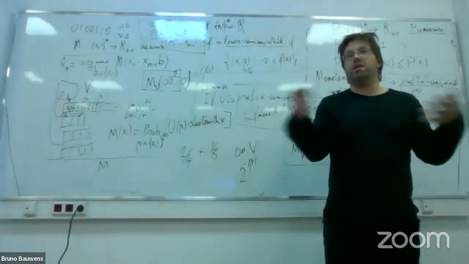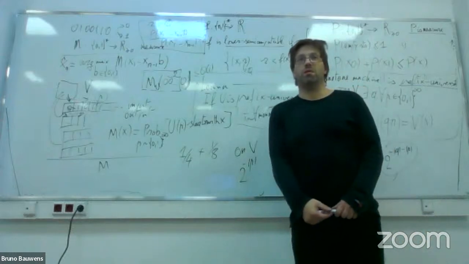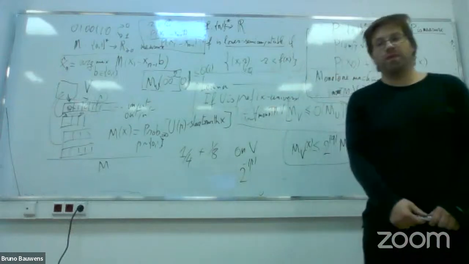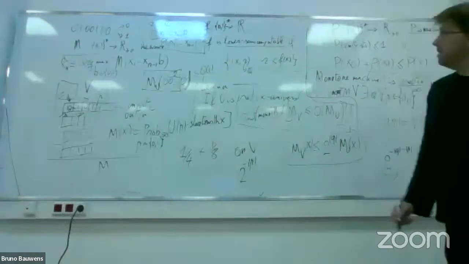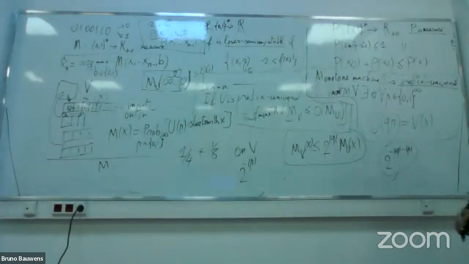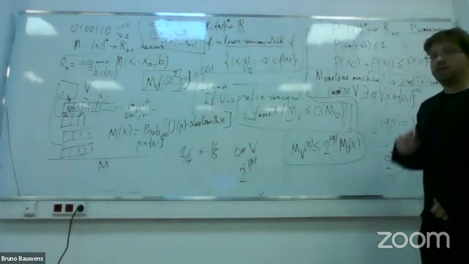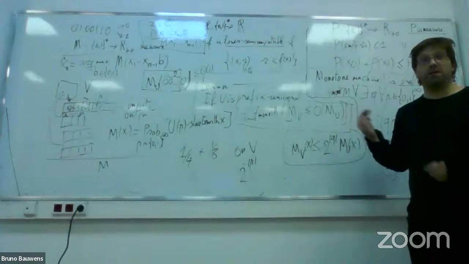Then the seminar will be a bit shorter, it's no problem. I claim that if we have a computable measure, then this is also true. Then the a priori probability will be bigger.